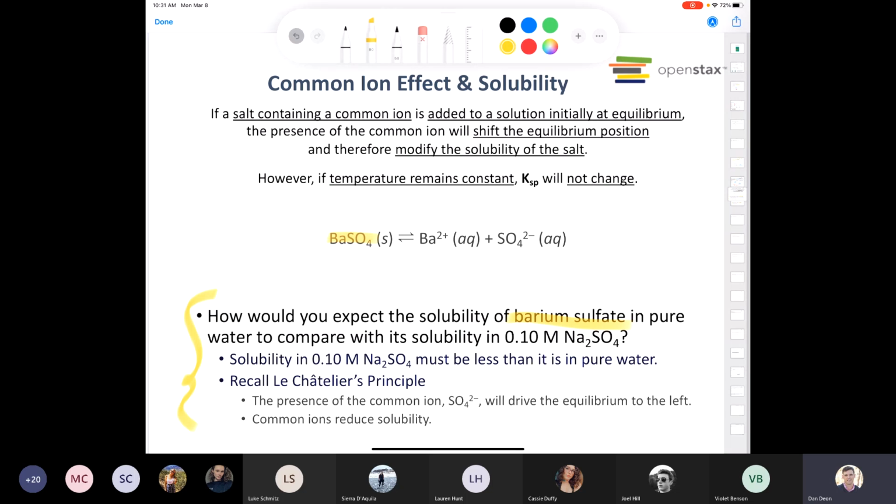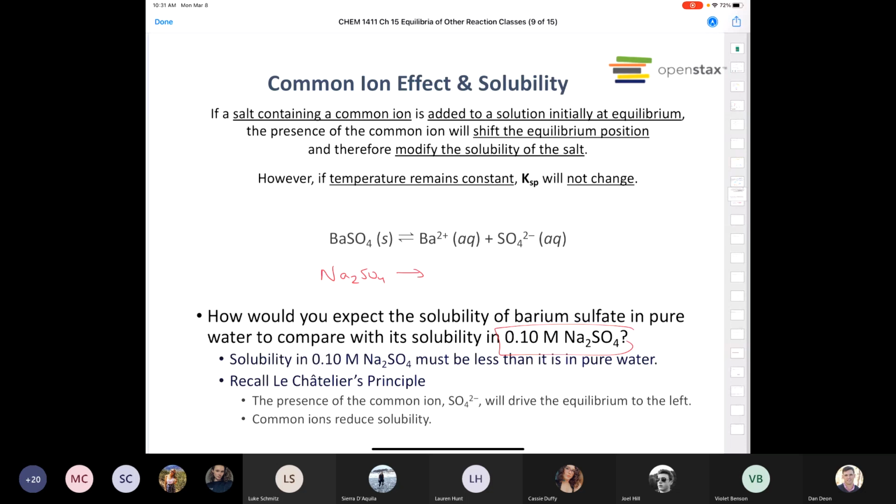Well, if I think about sodium sulfate, that means I've got Na2SO4, and it's going to solubilize to give me 2 sodium cations plus a sulfate ion, right?